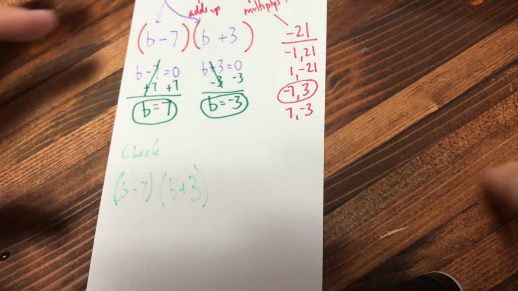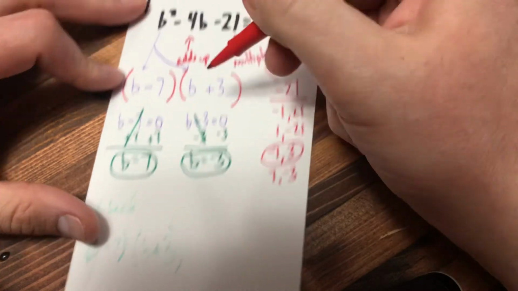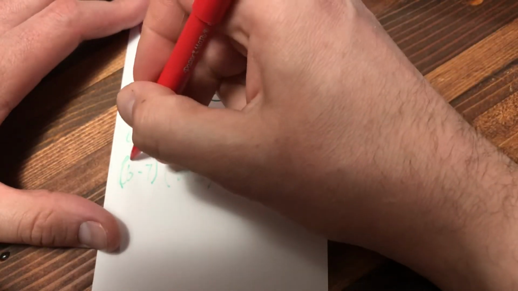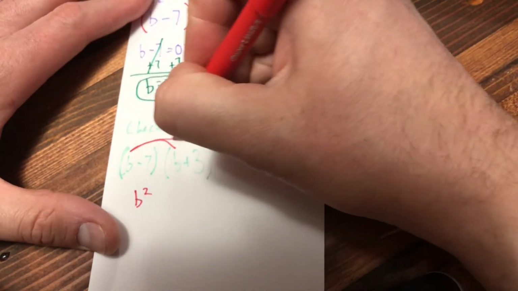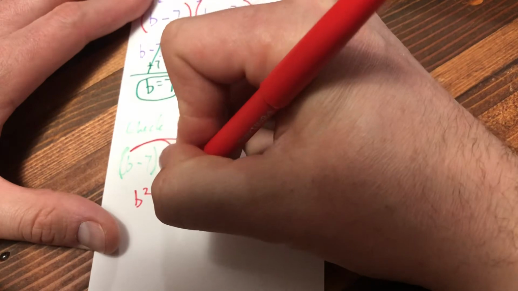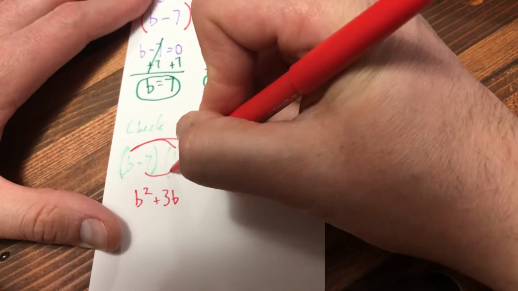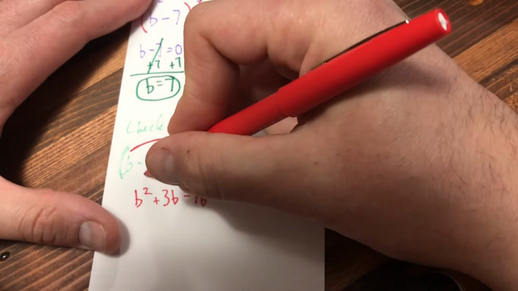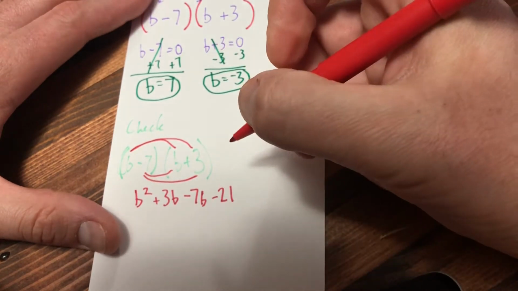Let's use a red. I want to make sure this is going to be the same as my original question. B times B would give b squared. B times 3 would be 3b. Then I would use my second one. Negative 7 times b would be negative 7b, and negative 7 times 3 would get me negative 21.